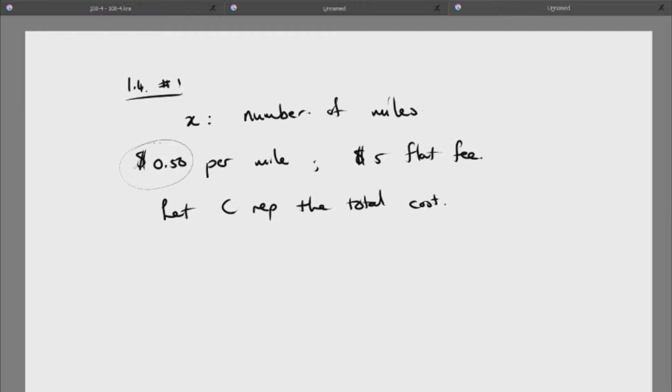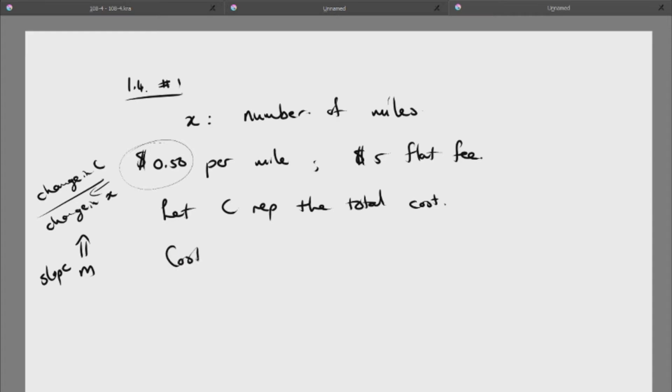But I realize that this is already a change in cost per change in X, because it's per mile. So for every 1 mile, I'm charged 50 cents. So that means that this is the slope M.